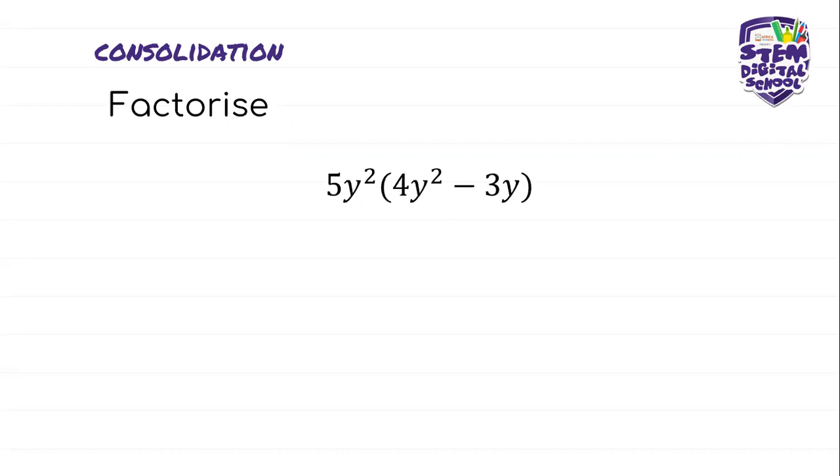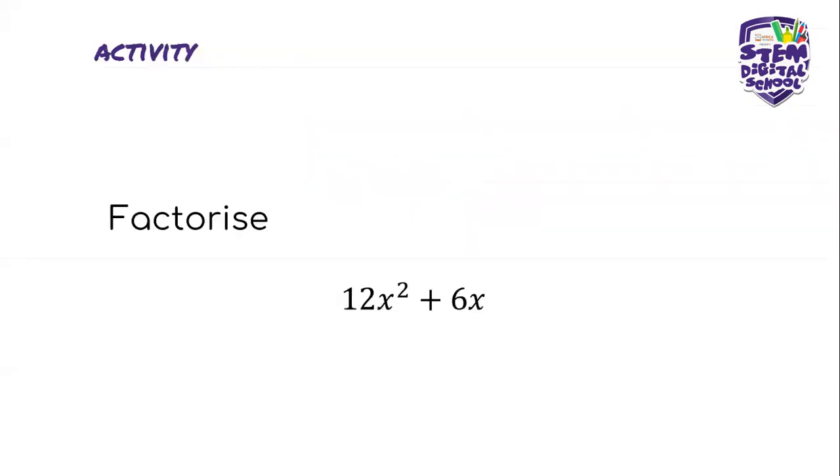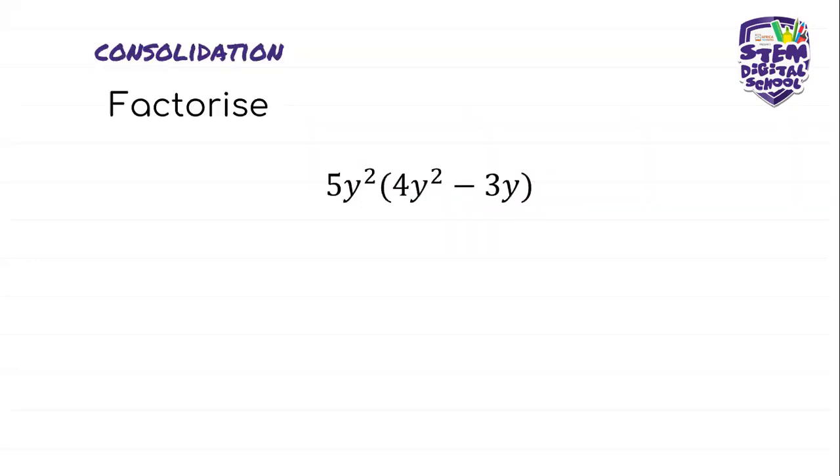Okay, 5y to the power of 2, open bracket 4y minus 2. I see 4y squared minus 3y. But what about the y? I see you are back to where we were in terms of this factorization. But what about the y? Because the y that is inside the bracket in this case is still a common factor.